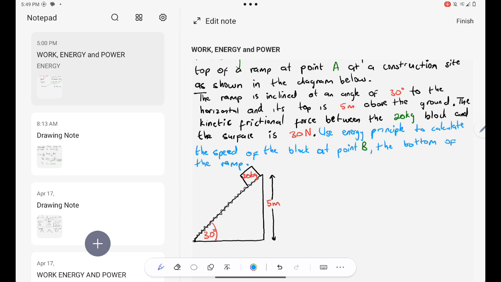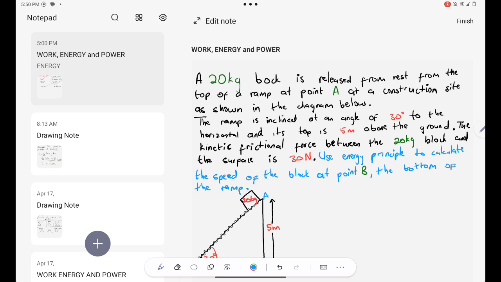They just want to find the speed of the block at point B. So this is position A, and that's position B, basically. So they want us to find the speed at the bottom of the ramp. They didn't tell us the displacement over here.